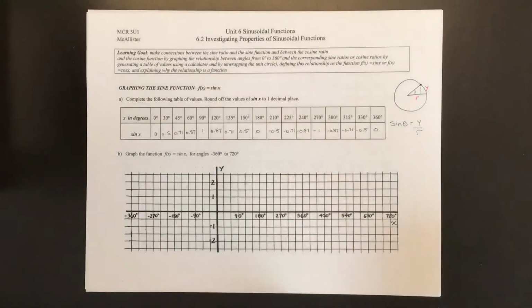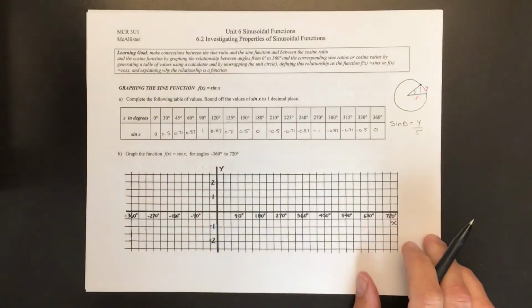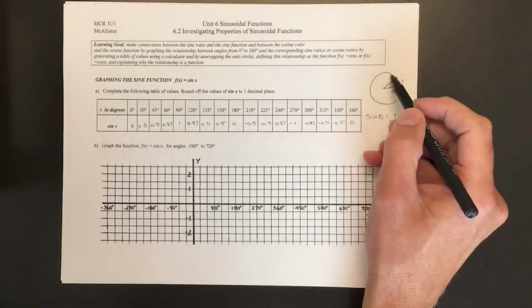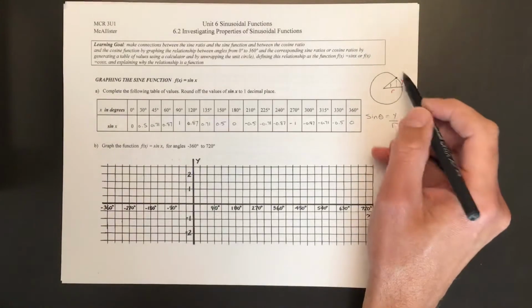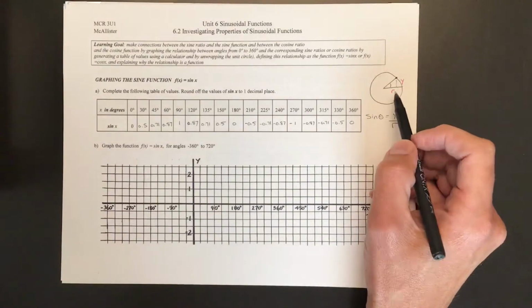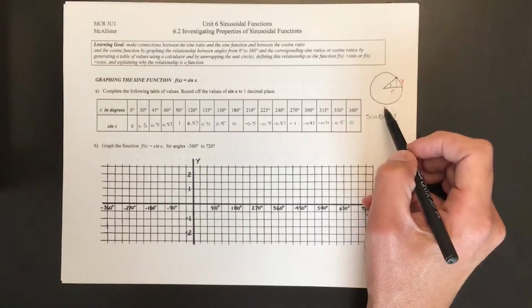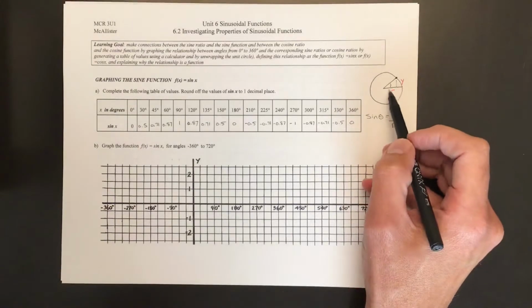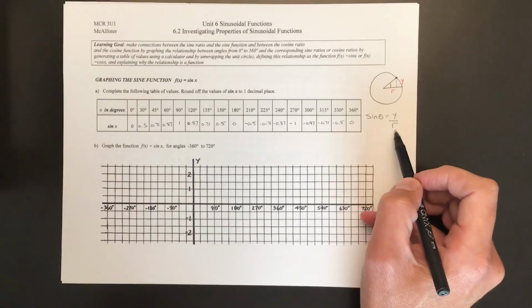So what we're doing is back to Unit 5, 5.3, 5.4 lessons, where we have our unit circle. And if you remember, we did the sine, cos, and tan of 0, 90, 180, and 270. And we determined that sine is equal to y over r.